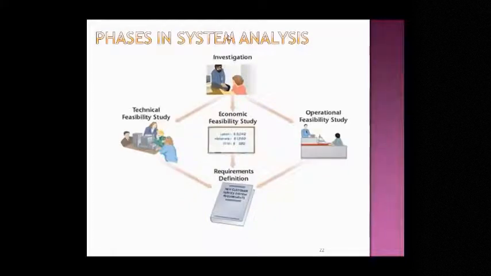You will see here, guys, this is the investigation. In doing the system analysis, we conduct an investigation and then have the technical, economic, and operational feasibility studies. All of these 3 give you a requirements definition.